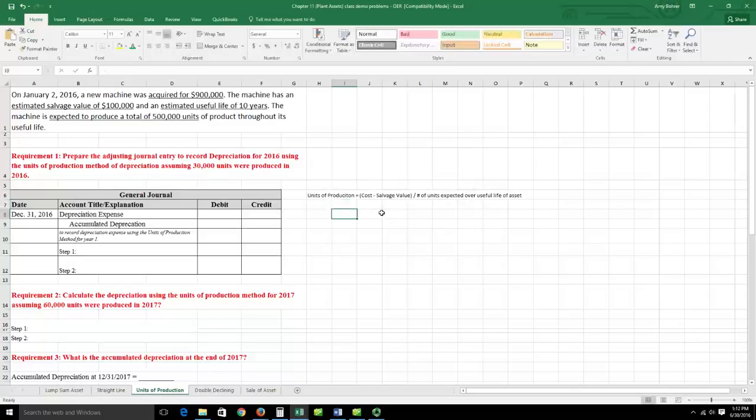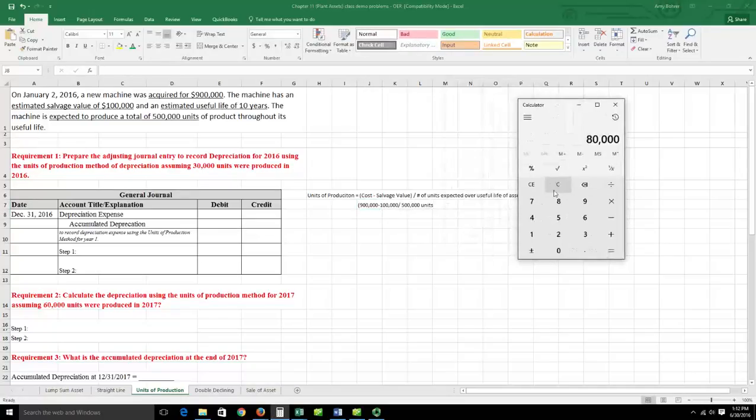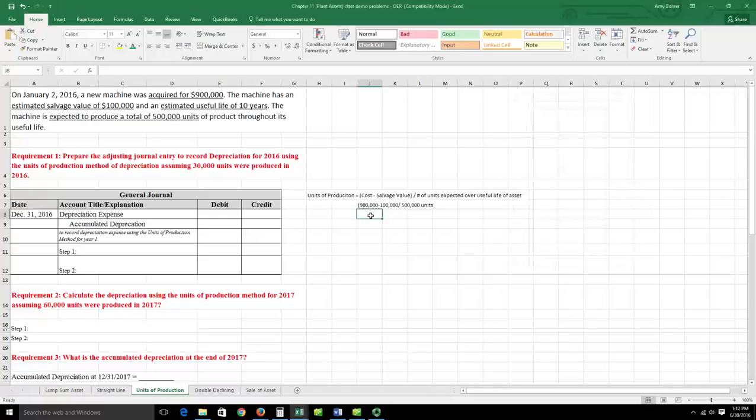Let me just key that in real quick. So when we pull the calculator up, $900,000 minus the salvage value gives us $800,000 to depreciate, not over the life, but over the number of units. So then divide that by 500,000 units, and you get $1.60. So we have $1.60 worth of depreciation per unit.